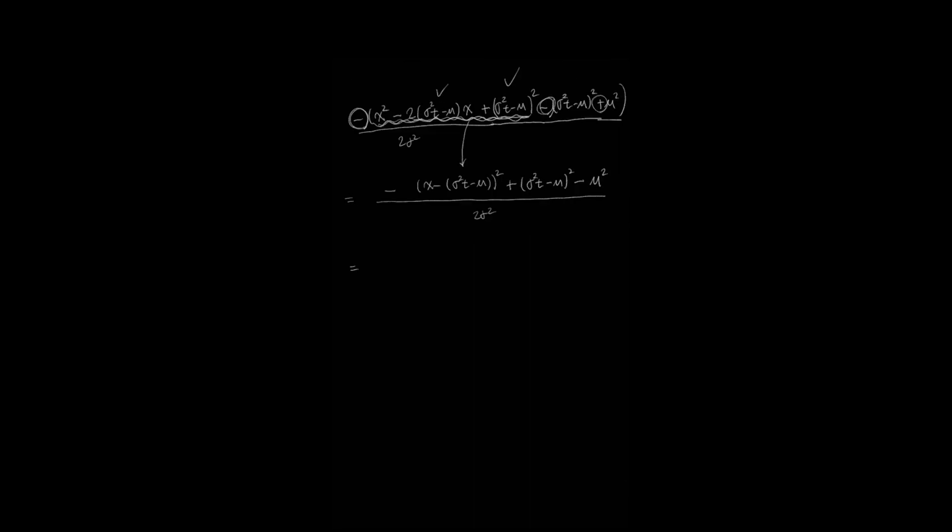Okay, so finally it's going to be 2 parts like this. x minus, let's just take it without the bracket, sigma squared times t plus mu, squared, and plus 2 times sigma squared times t minus mu, squared, minus mu squared, like this.